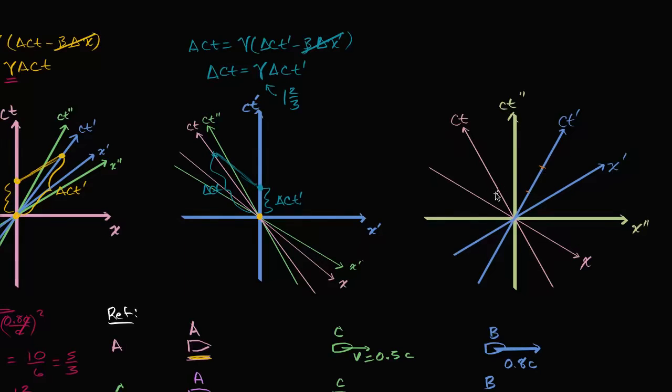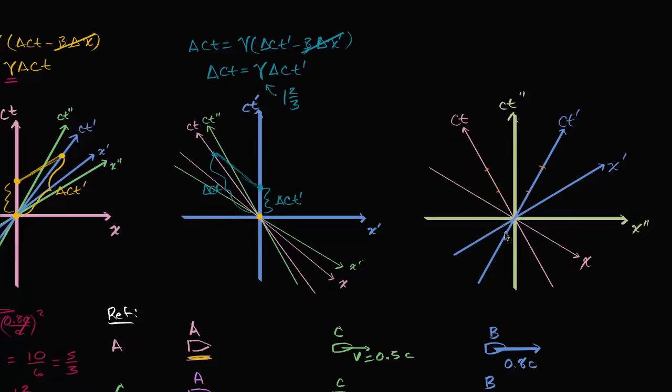So you could put both of these on the same scale. And you can see that this neutral frame of reference, I drew them over here, is in between A and B's frames of reference. It's the one where we're drawing the two axes being perpendicular to each other.